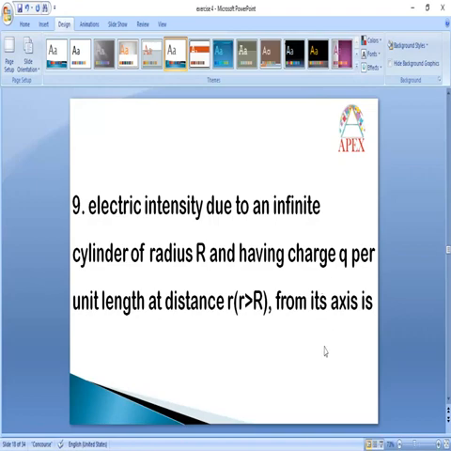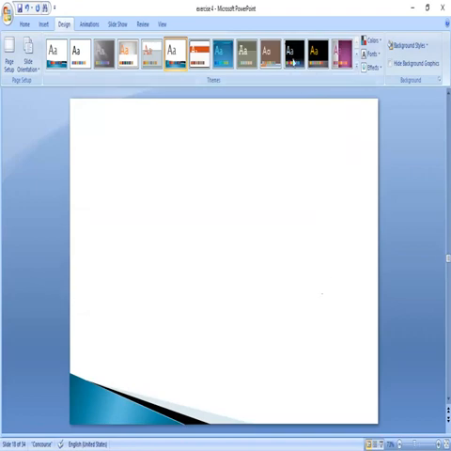So if I just consider a cylinder whose radius is capital R, but a small point is taken at a distance r from the wire. So it is just outside this wire, and if we draw a Gaussian surface here, that also will be cylindrical.